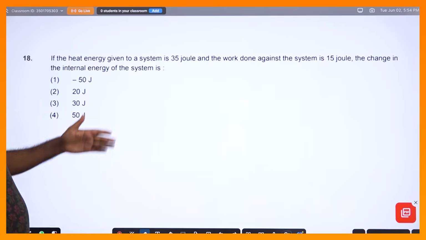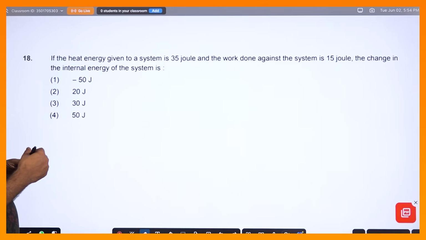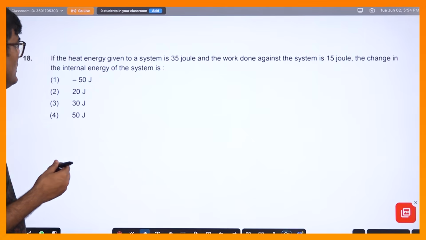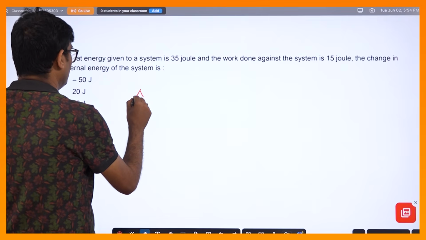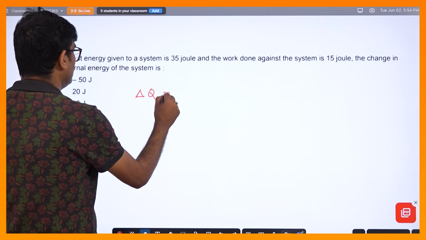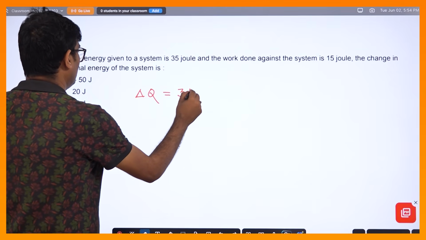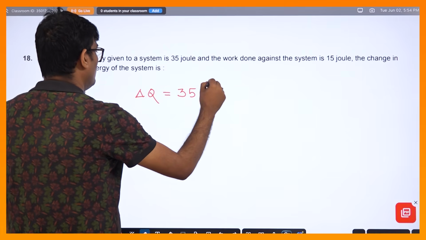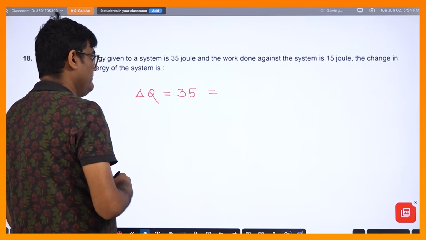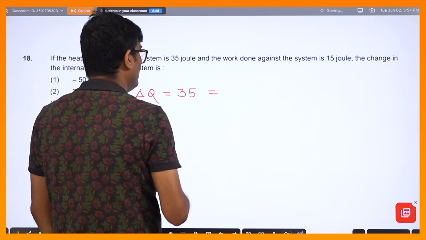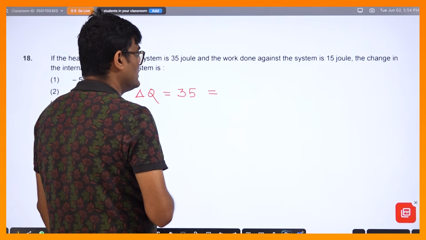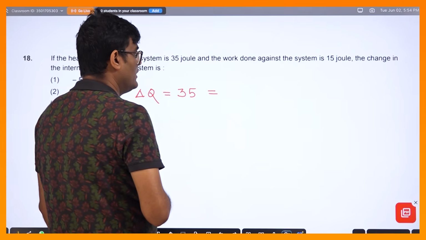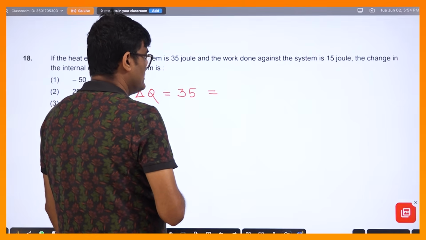If the heat energy given is 35 joules and the work done against the system is 15 joule, what is the change in the internal energy? So delta Q is equal to 35 joule, and that is equal to work done by the system plus delta U. It says that work done against the system is 15 joule.